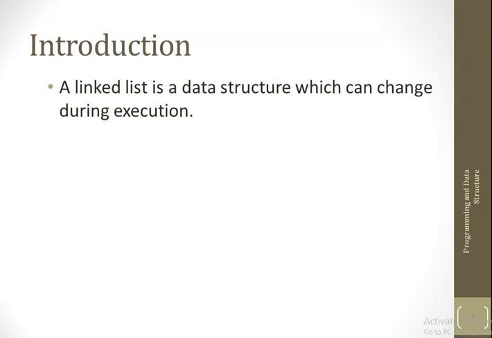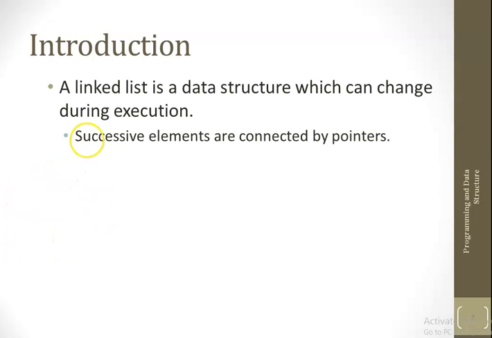It's a collection of elements as in the case of arrays. The difference is that in an array the elements will be in consecutive locations, whereas in a linked list they will be scattered around in the memory. So the collection of elements are called successive elements. One element will be appearing after another element, and these elements are connected by pointers.